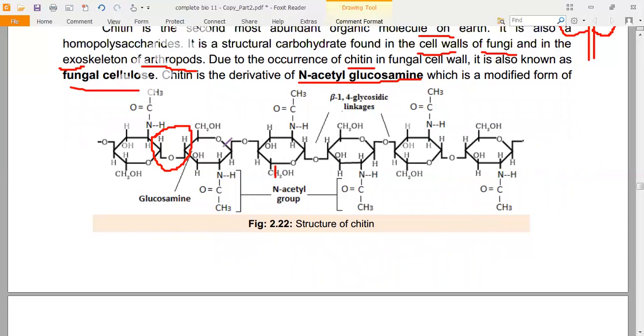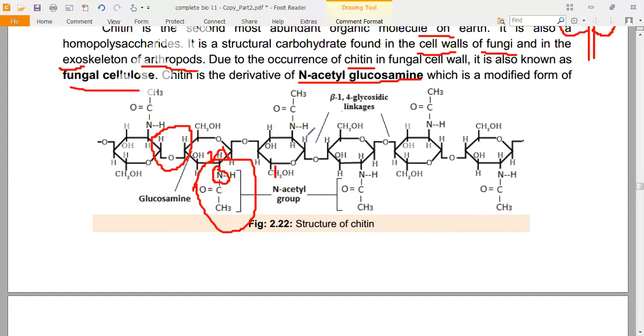But at carbon number 2, another group is present, called the N-acetyl group. Nitrogen is attached with an acetyl group at the second carbon of the glucose. That's why it is called N-acetyl glucosamine. So you can see it is on carbon number 2.